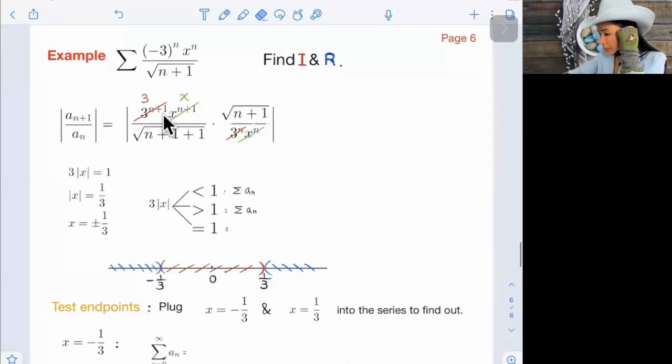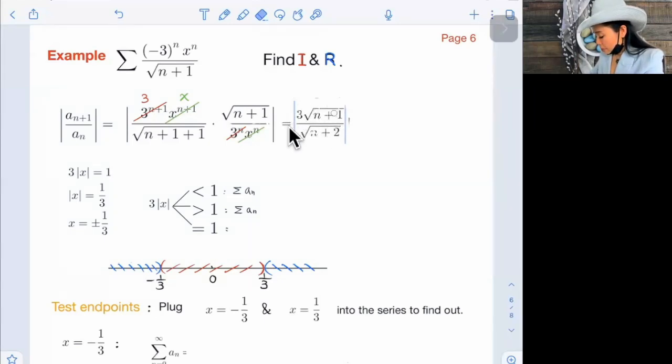Now, there's nothing else we can cancel. What about this square root of n plus 1 over square root of n plus 2? Would that be always positive? Yeah, it's always positive. So we can put it out in front of the absolute value. Okay.